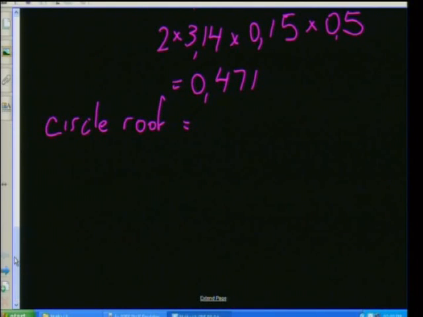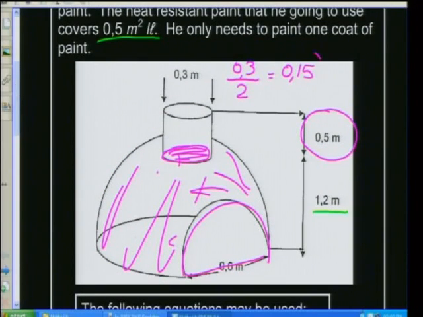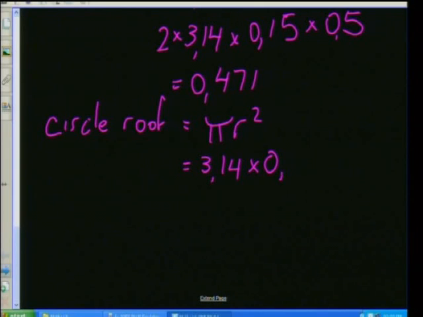Right, so what do we need there? Our formula is pi r squared. We're using pi as 3,14. And what is my radius? Well, we calculated our radius earlier. Do you remember? 0,3 was the diameter, and the radius is 0,15. So that is 0,15 squared.